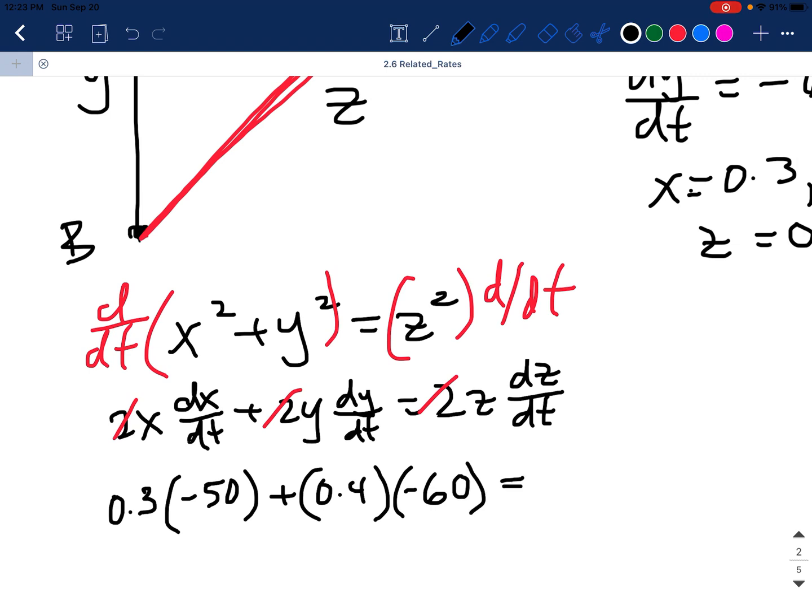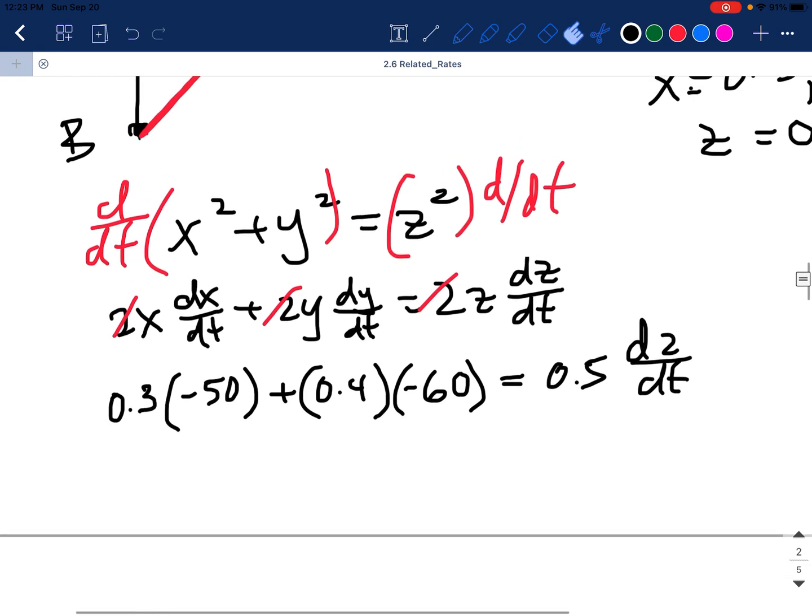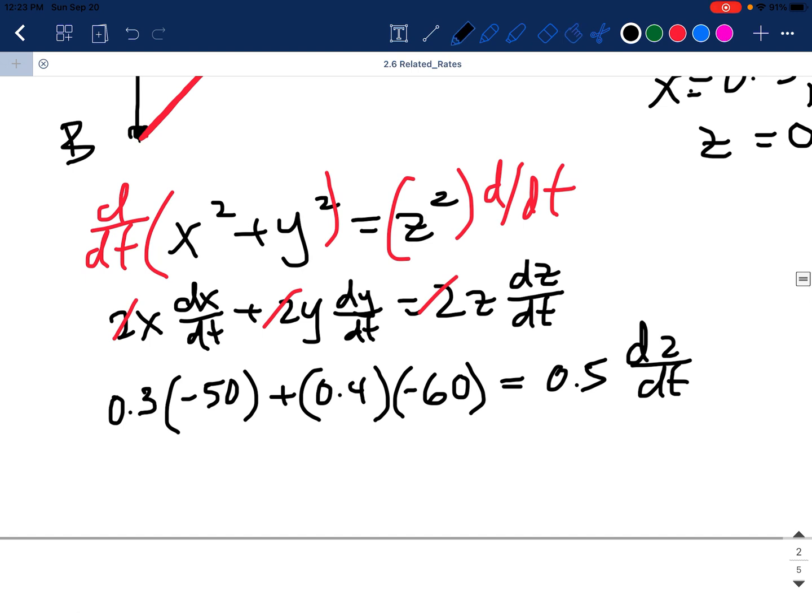And then z is 0.5 times dz dt. That's our unknown. So we'll do a little bit of multiplication here. So we'll get negative 15, and then 4 over 10 times 60 is going to be negative 24. Right, because 6 times 4. And then equals 0.5 dz over dt.